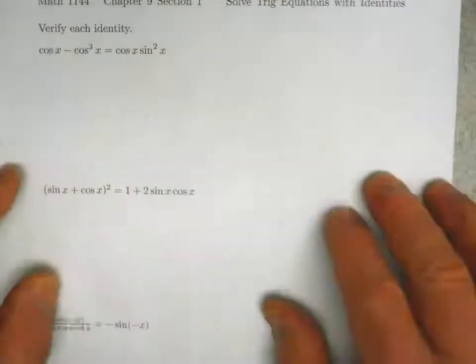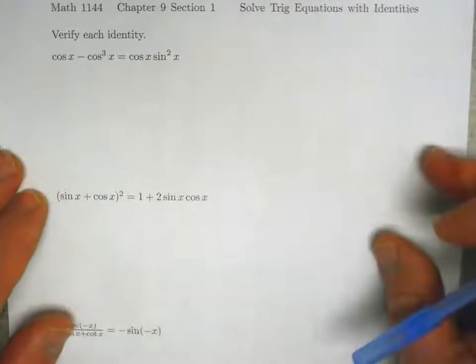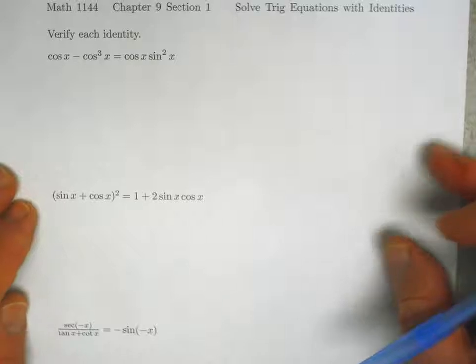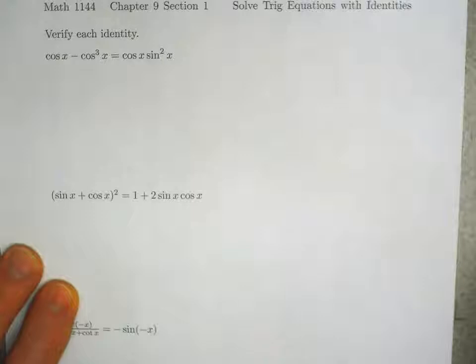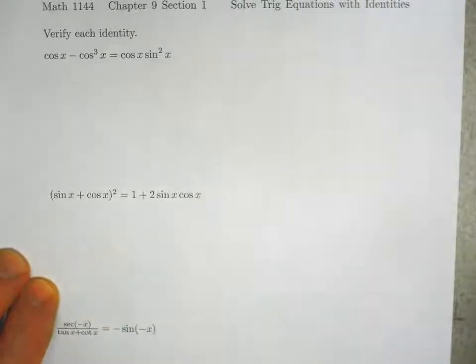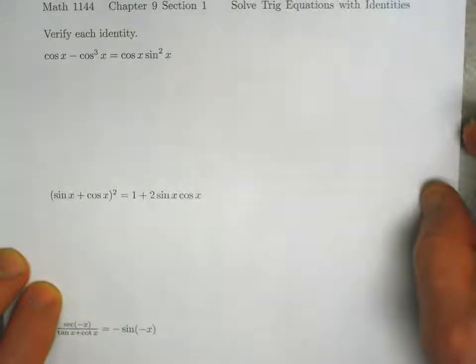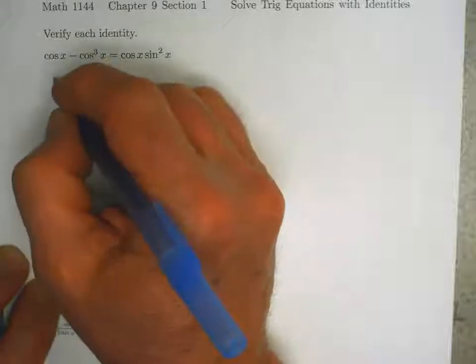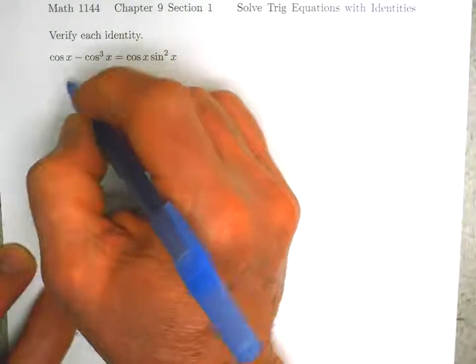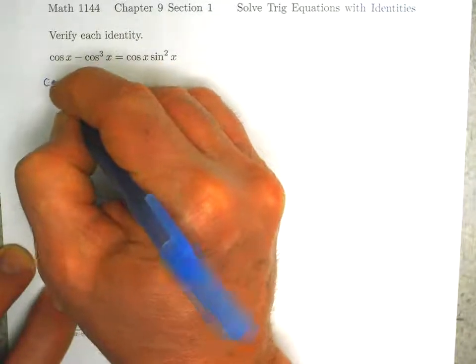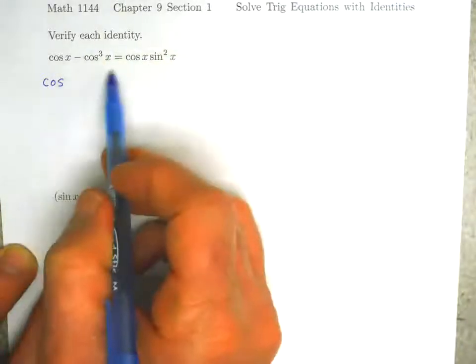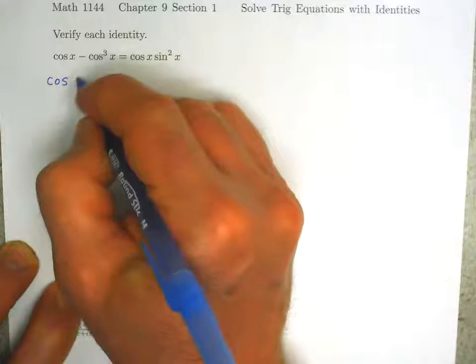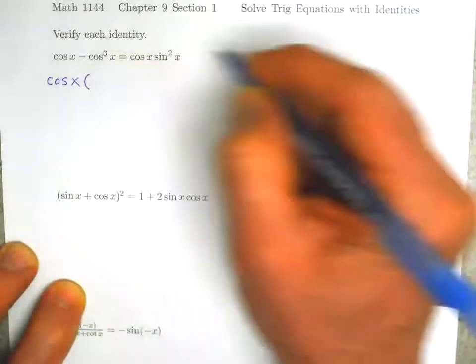Okay, we will at least get as far as we can on this last page. Verify each identity. This time we're told that they're all identities, but maybe you shouldn't always be so trusting. Anyway, if we start on the left, we'll factor cosine of x out of both terms.